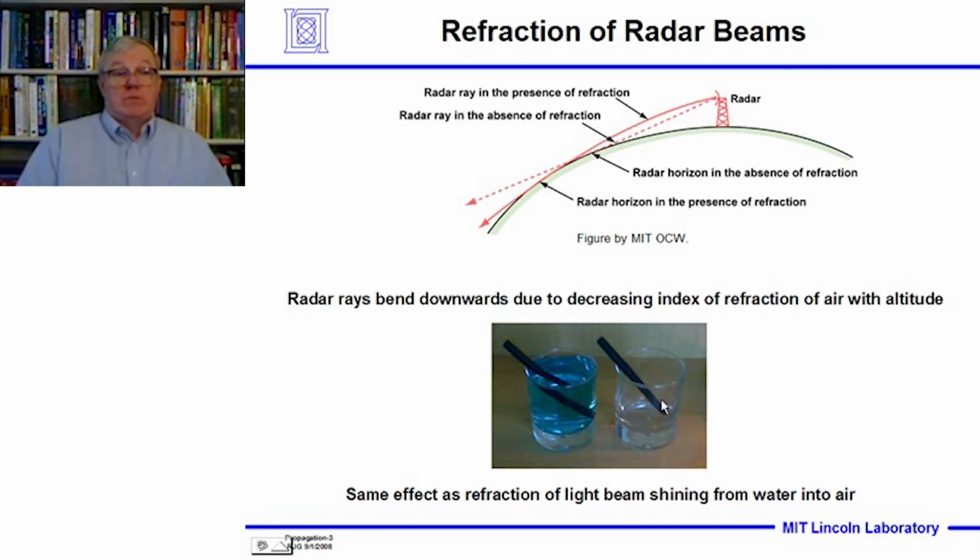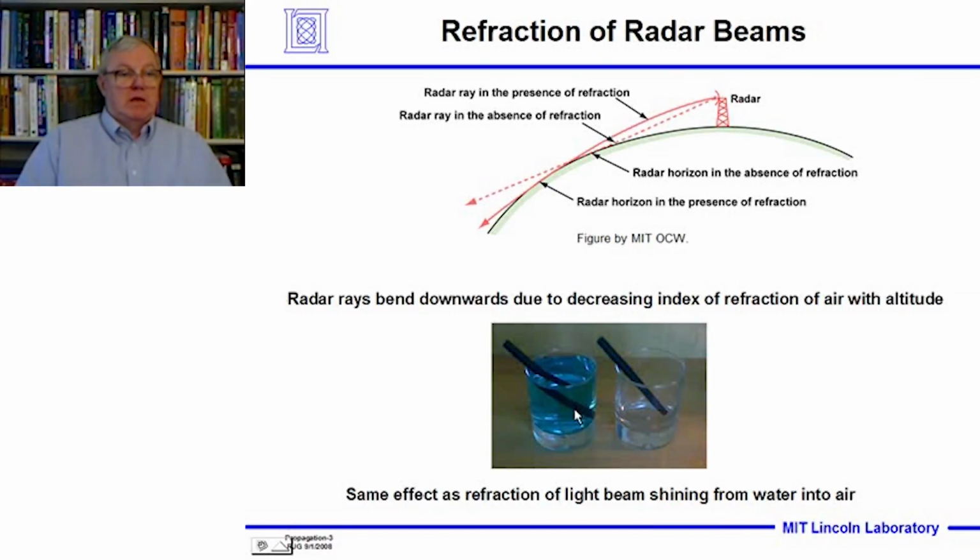You see the pen, and the light moves from the pen to your eye or the camera in a straight line. But when we fill the glass with water, the light bends at the interface between the water and the air between you and the glass. And that bending gives rise to an apparent different location of the pen inside the water. You can visibly see that's refraction taking place right there.